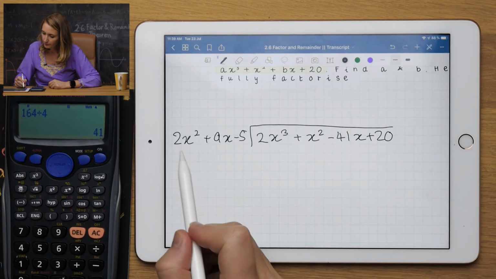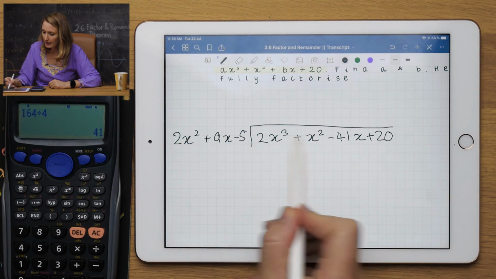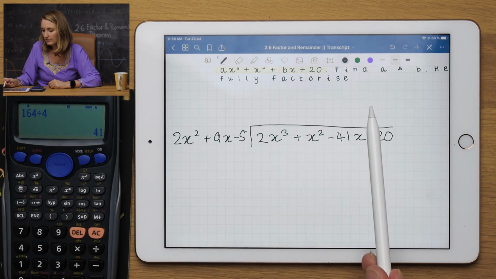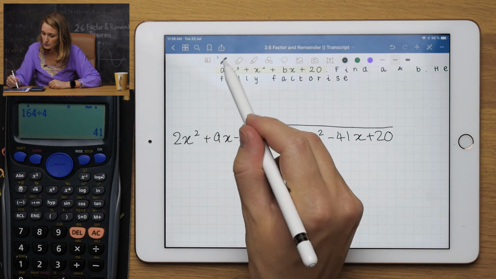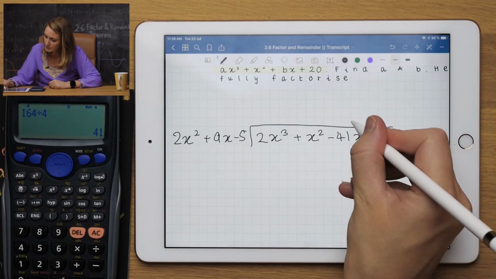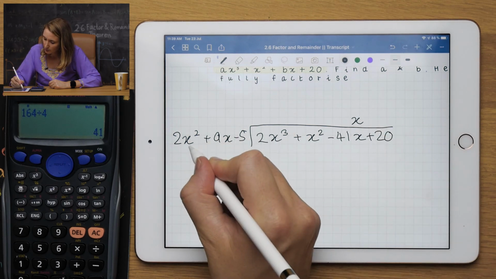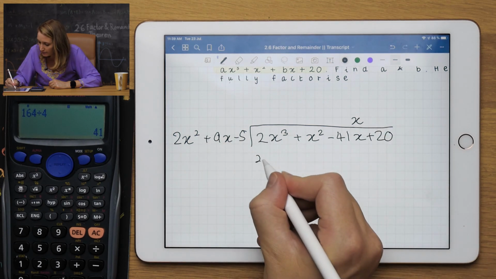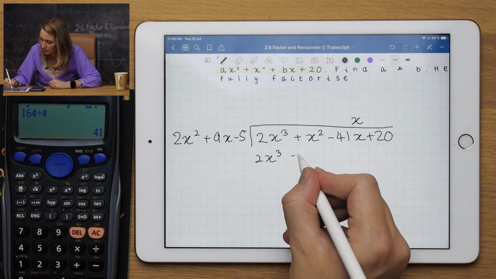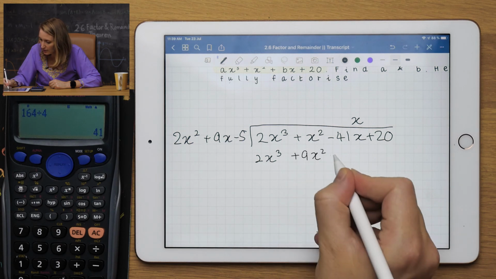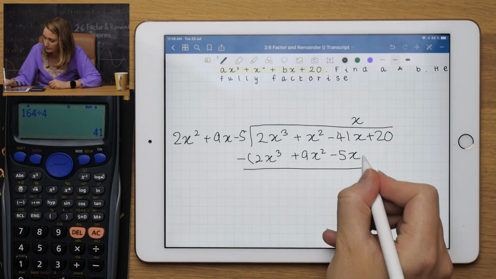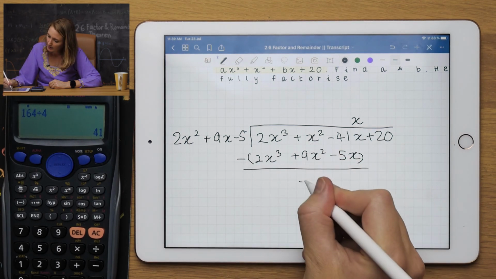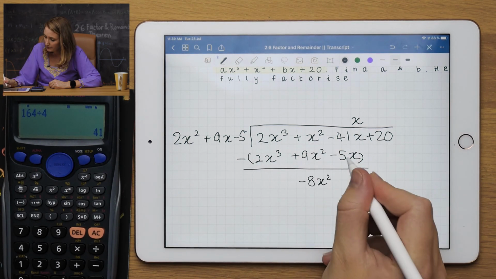So here we go. Remember, we're going to be working with 3 columns in our block now. 2x cubed divided by 2x squared is going to just be x. So we multiply each one of these by x. 2x cubed plus 9x squared minus 5x, we subtract. That would be here minus 8x squared.